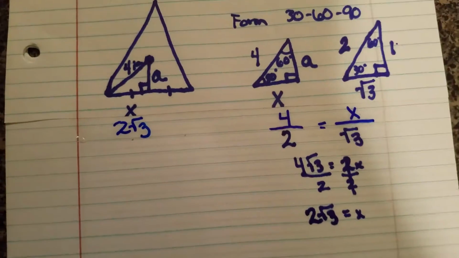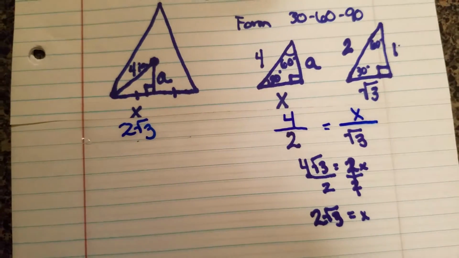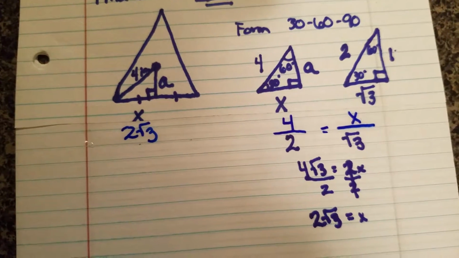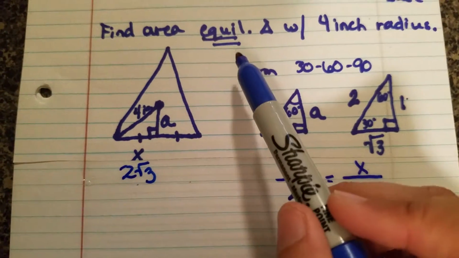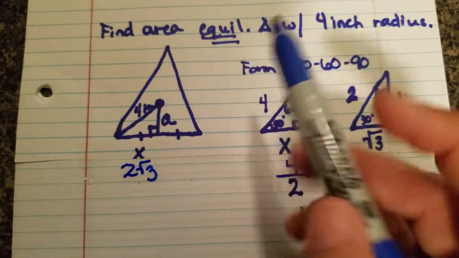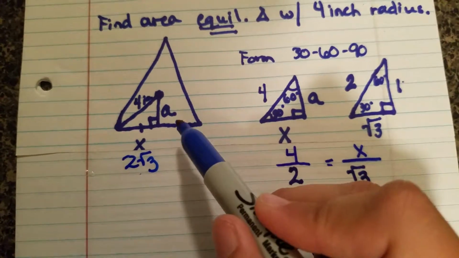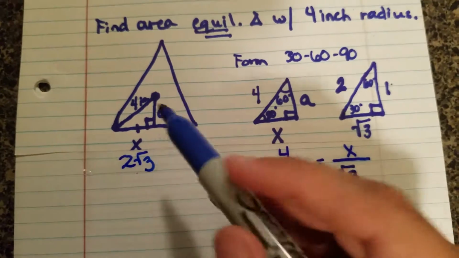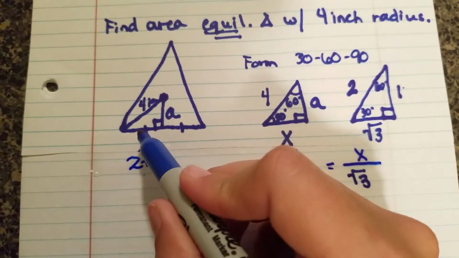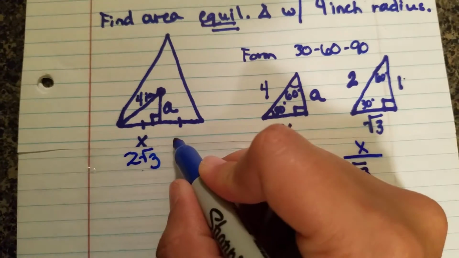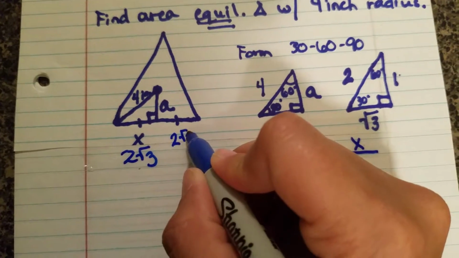Okay? Oh, no, we're going out of focus. There we go. All right, now, what we have to remember is that this is an equilateral triangle, and that we know that the apothem of an equilateral triangle bisects the bottom. That means if this side is 2 square root 3, then this side is 2 square root 3.